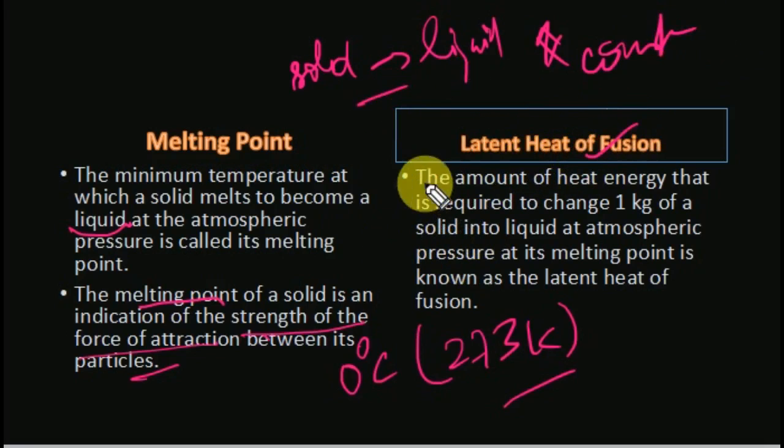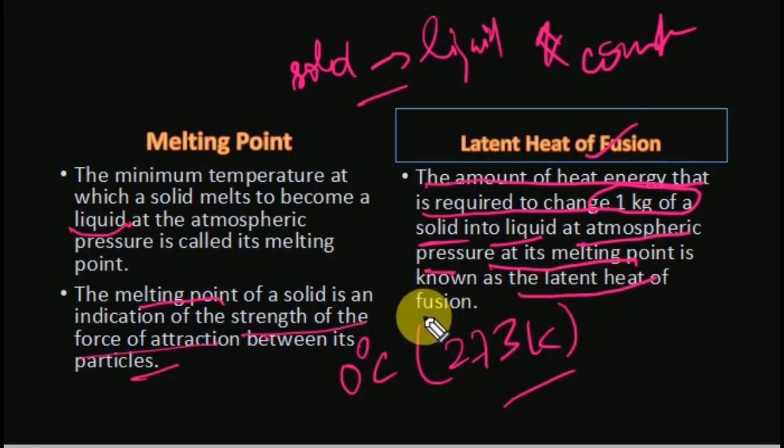The definition is: the amount of heat energy that is required to change 1 kg of a solid into liquid at atmospheric pressure at its melting point is known as the latent heat of fusion. The most important point is the melting point. At the melting point at atmospheric pressure, 1 kg of solid gets converted into liquid by the providing of this latent heat of fusion.